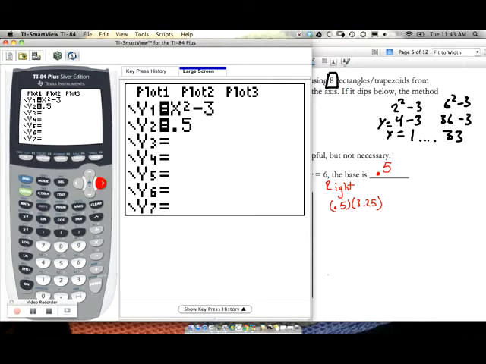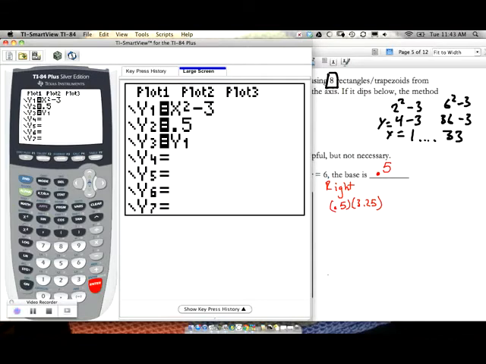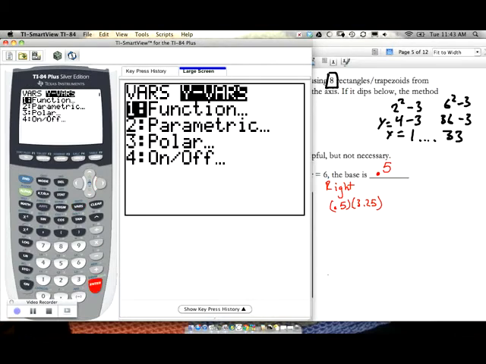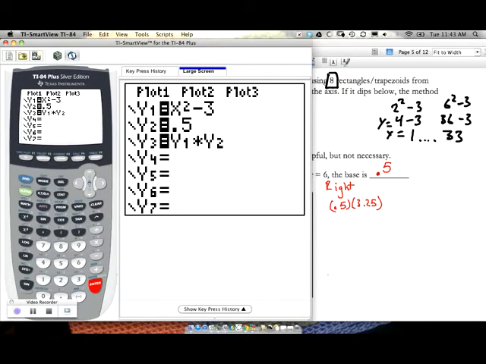We've got to go to vars, yvars, function, and now it's y1 times y2. So what this is doing is that area, the width times the height.